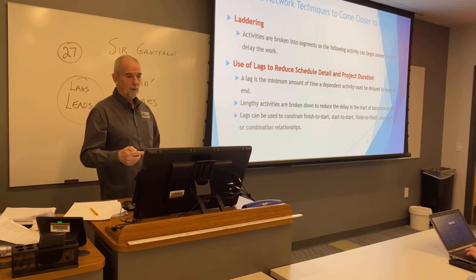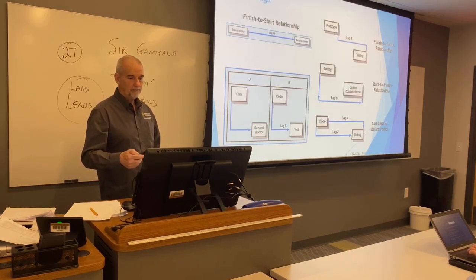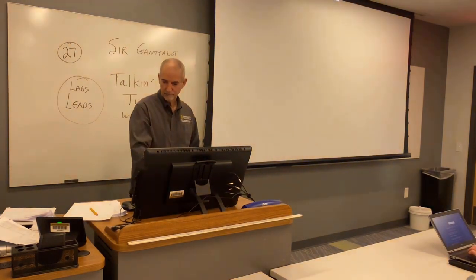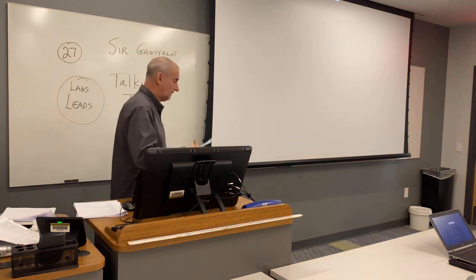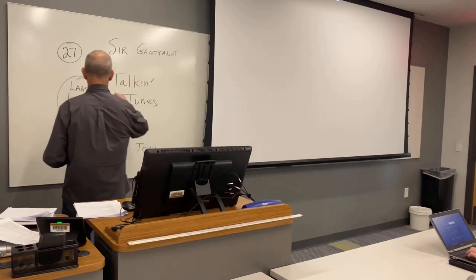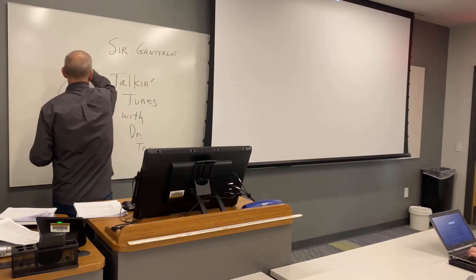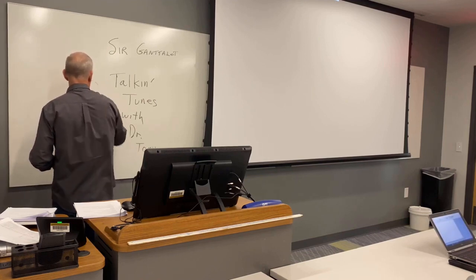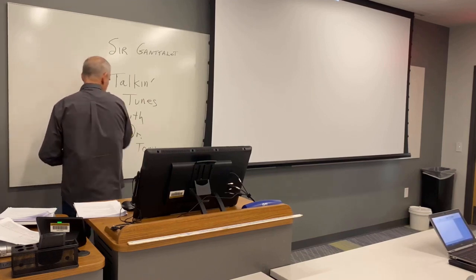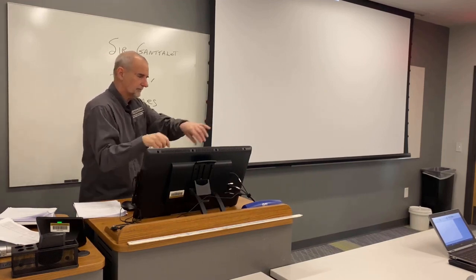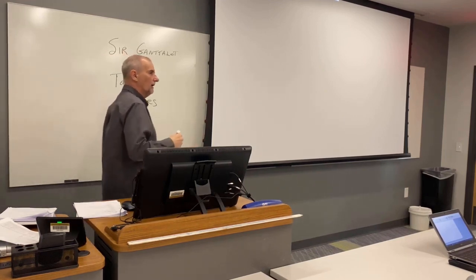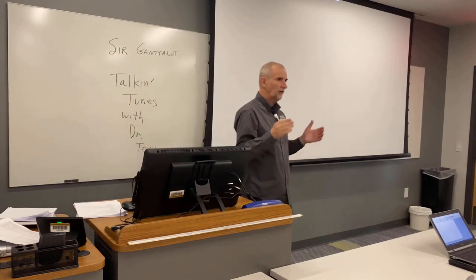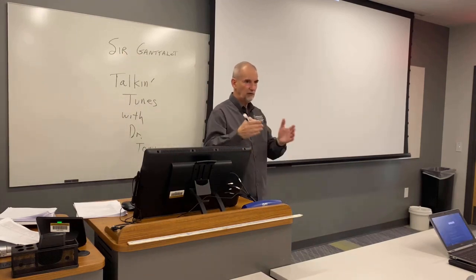Okay, what I want to show you now is something on the board. I'm going to draw a picture of these two to make it clear for you. So the default dependency for a task is finish to start.